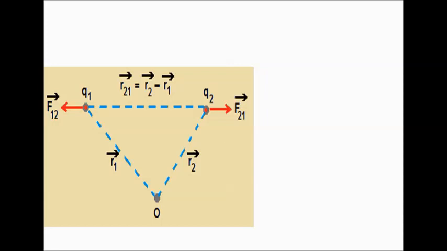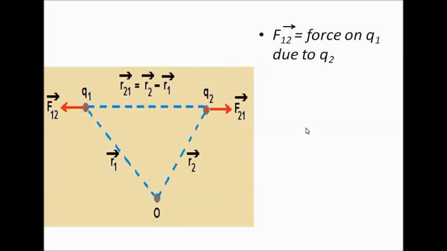So you know, like charges will repel each other. So Q1 will be repelled by Q2 and Q2 will be repelled by Q1. So this will be the direction of force experienced by Q1 because Q2 is repelling Q1. Similarly, this will be the direction of force experienced by Q2 because Q1 is repelling Q2.